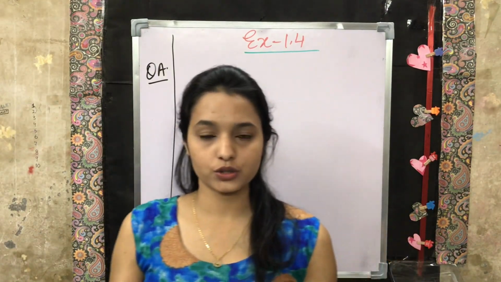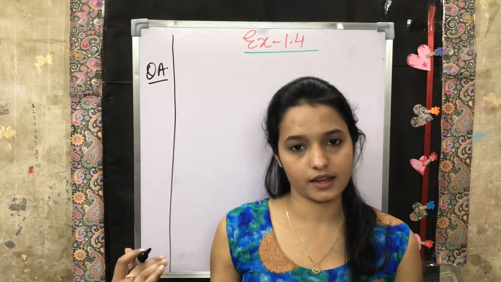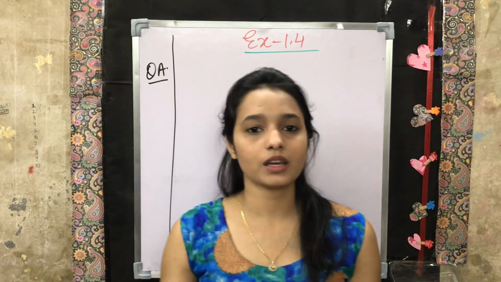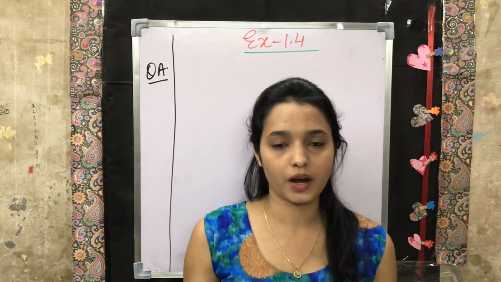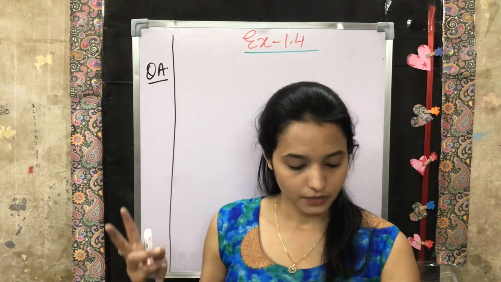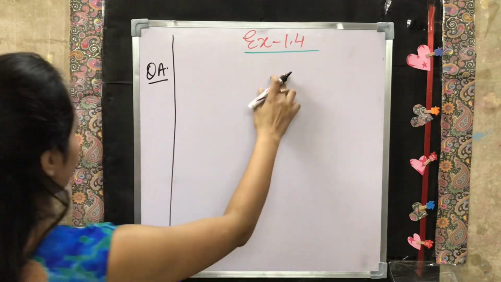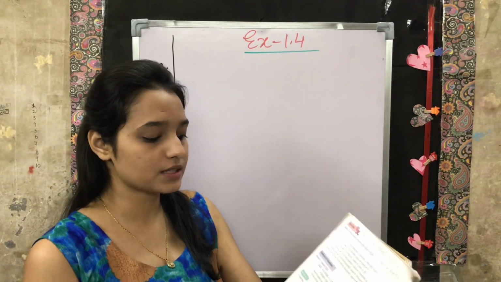As I told you about all the concepts regarding these exercise questions, without wasting any time, we can go through them. I will do two parts of each question here, and after that you will do it by yourself. Question A of exercise 1.4 is: find the place value of the encircled digit in the given number.